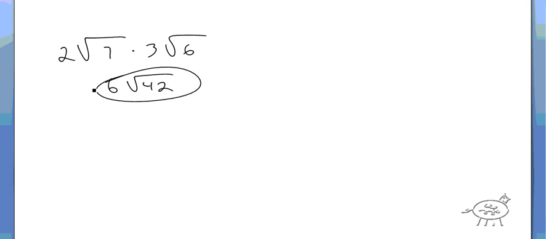Okay, well, let's actually just add a little bit to it now. What happens if I give you a problem like this? Square root of 7 times the square root of 21. Now, what you need to realize is that I could multiply 7 times 21 together, but remember when we first talked about square roots, we said if you have a pair of numbers, that's the same thing as a perfect square.